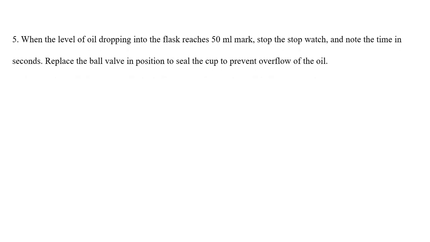When the level of oil dropping into the flask reaches the 50 ml mark, stop the stopwatch and note down the time in seconds. This is nothing but the efflux time. Replace the ball valve in position to seal the cup to prevent the flow of oil. In this way you will get the first reading in seconds at a particular temperature.